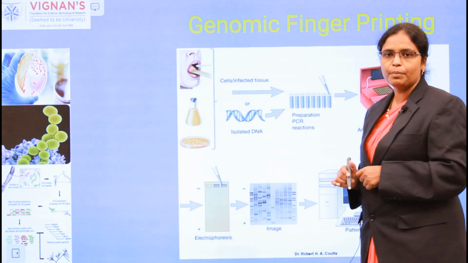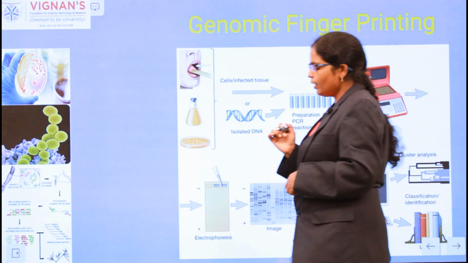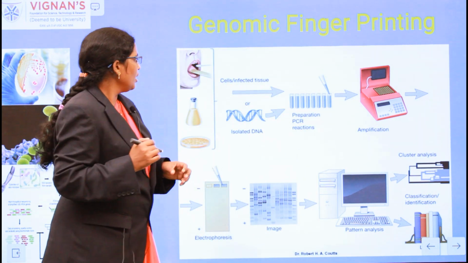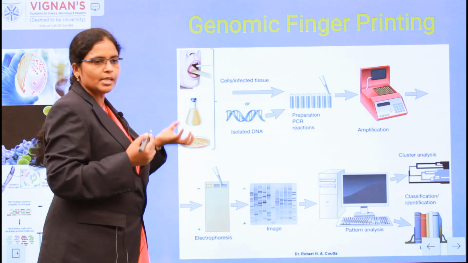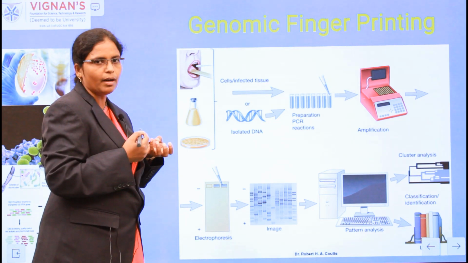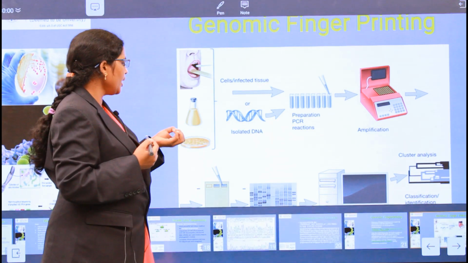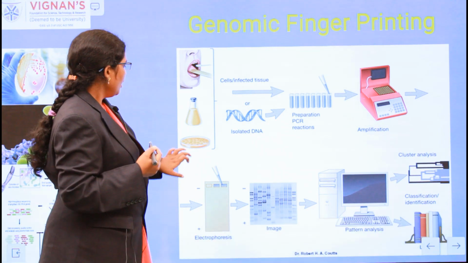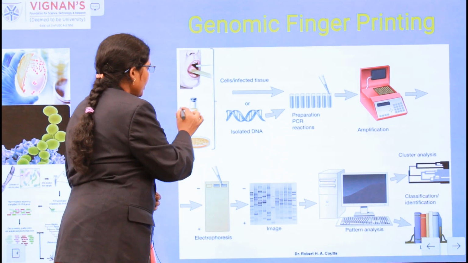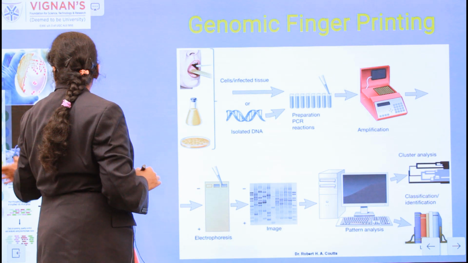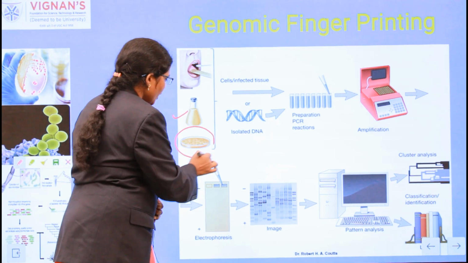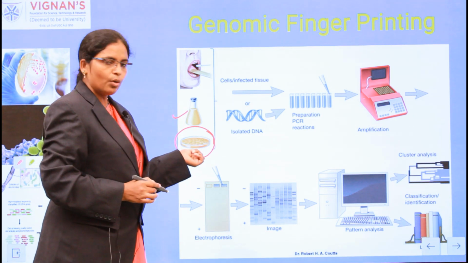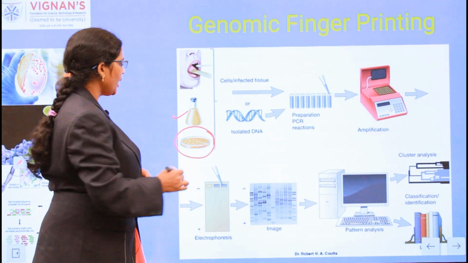the diagrammatic representation. Here you can see, for example, if you want to identify an organism present in our mouth, saliva, okay, that we have to take and grow in the laboratory. So we can observe the microorganisms that we have to take.